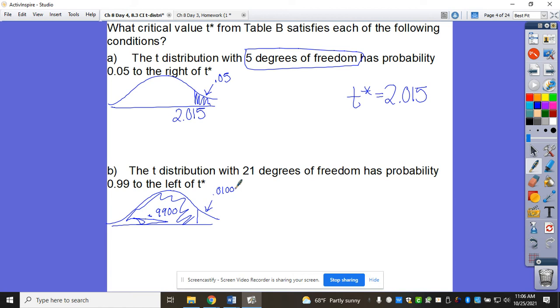With degrees of freedom of 21, what is my T there? 2.518. So all we're doing here is making sure we can read the table.